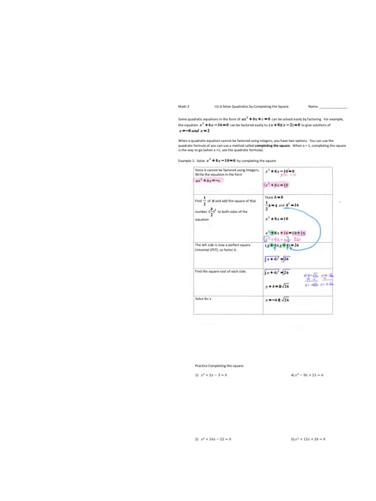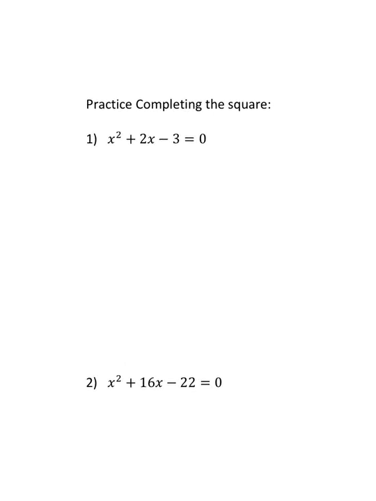Okay, so let's do one together. X squared plus 2x minus 3. So the first step is we need to put it in the form ax squared plus bx equals c. So we need to get our negative 3 over here.